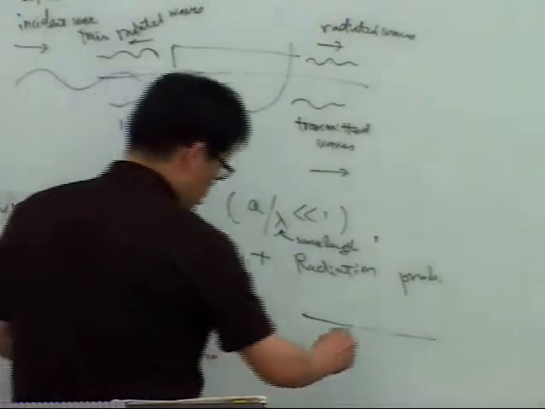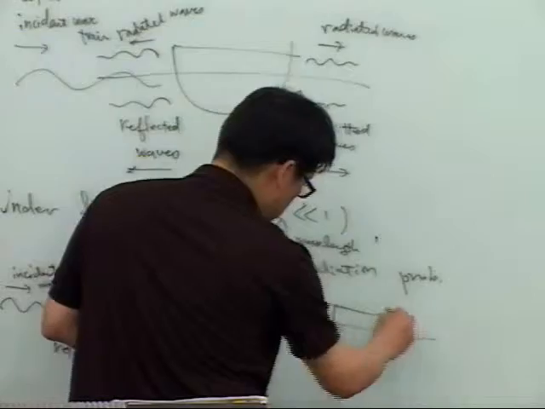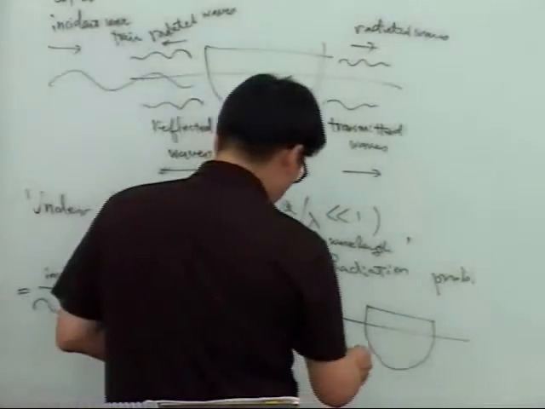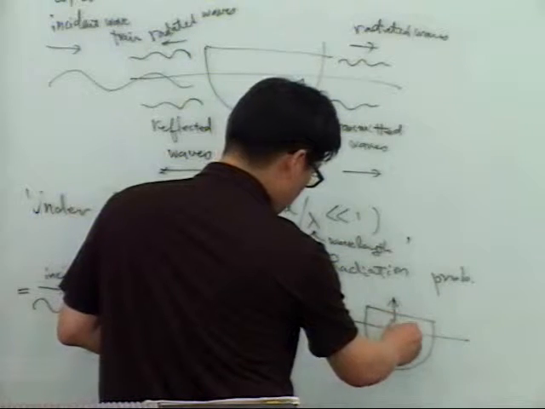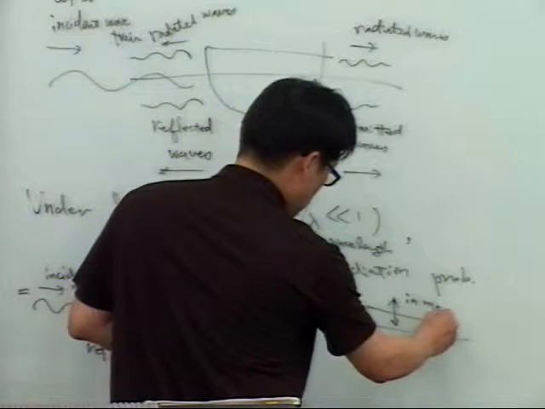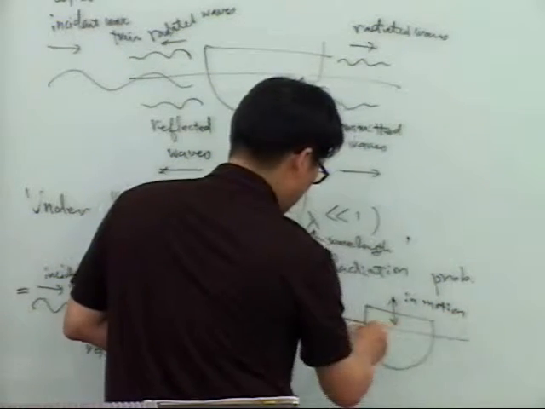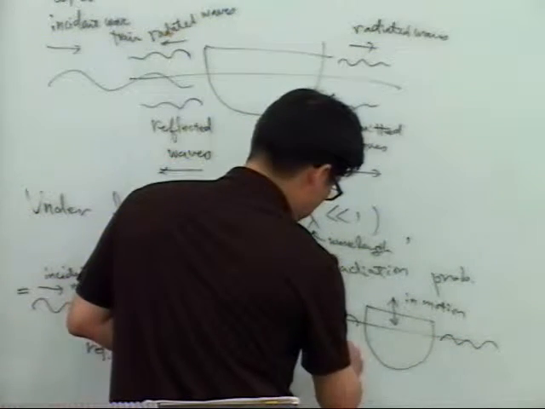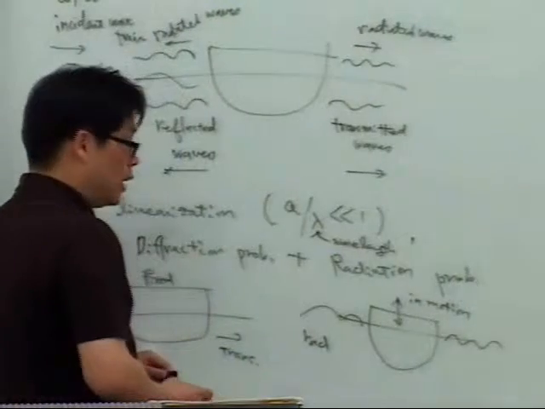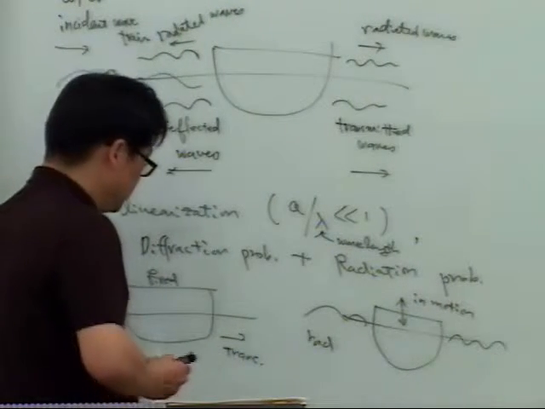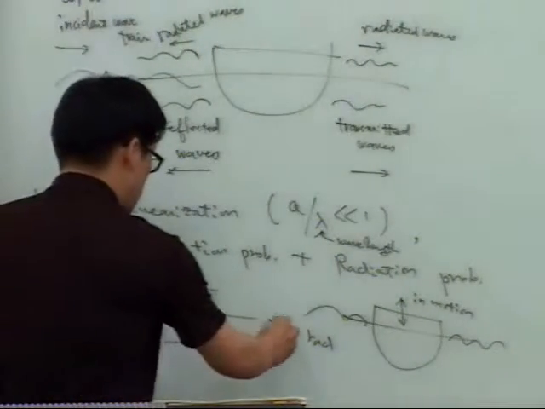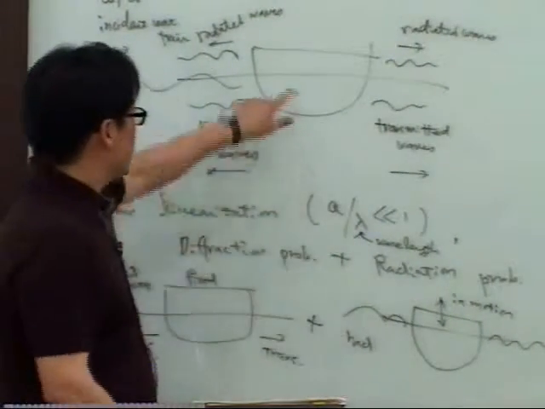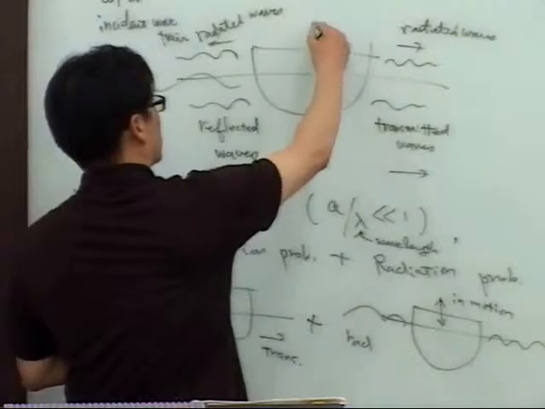We assume the body starts to move with some excitation force, and then you generate waves. So these are radiated waves. When you combine these two, that's exactly what you're looking at here.